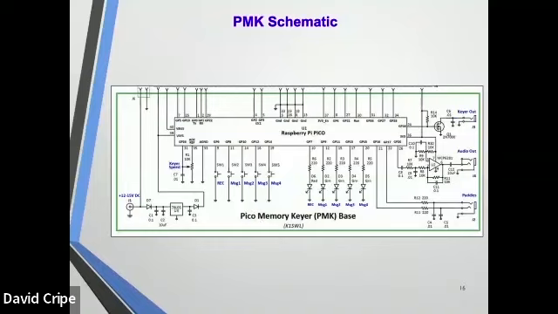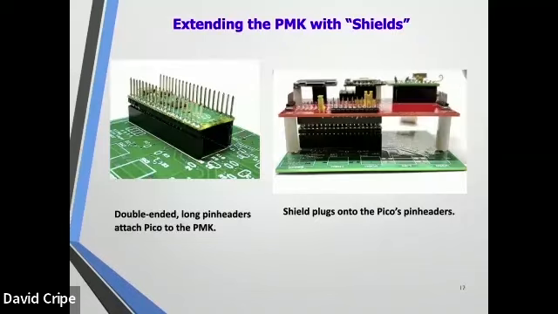We'll come back to that in a minute too, because I'll show that wouldn't it be cool to add something on top of all of those extra pins. And there we go. If we put some extra long pins on the Pico before we put it onto Dave's PMK, the Picomite memory keyer, the PMK, I'll say it that way from time to time, we can put a board on top, a shield, if you will, with some extra circuits.